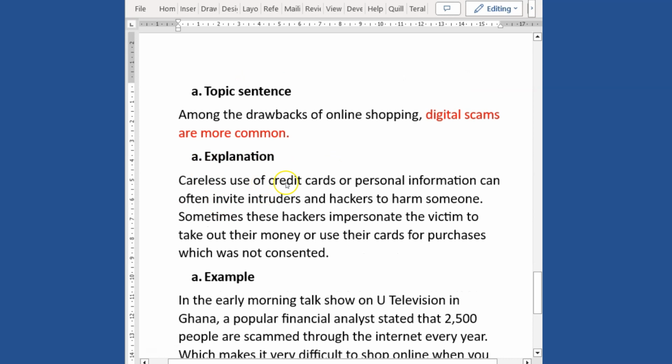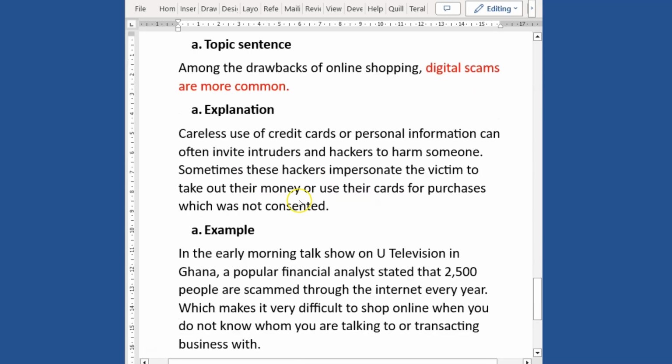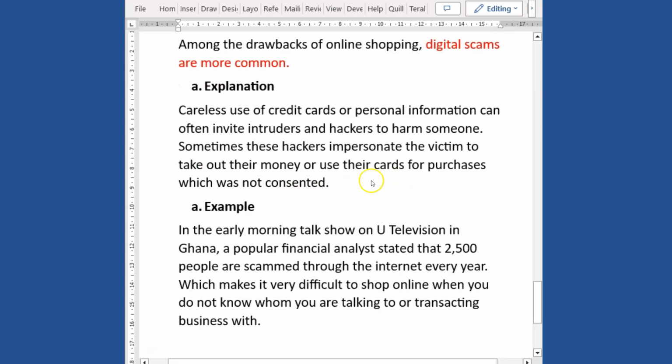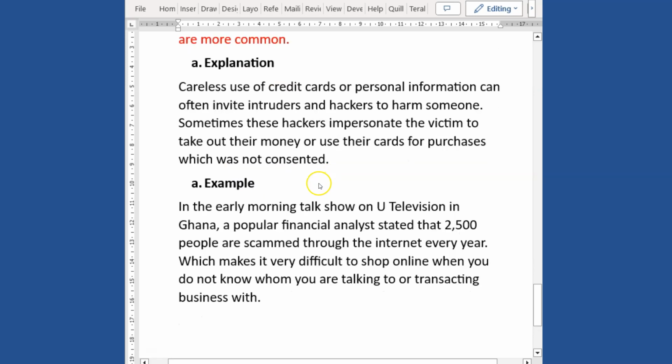Careless use of credit cards or personal information can often invite intruders and hackers to harm someone. Sometimes these hackers impersonate the victim to take out their money or use their cards for purchases which were not consented to.